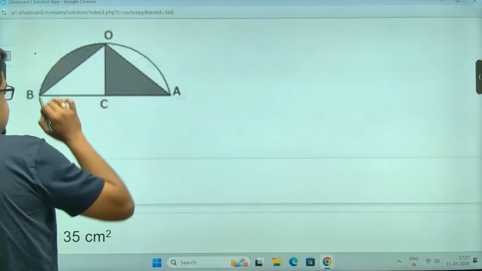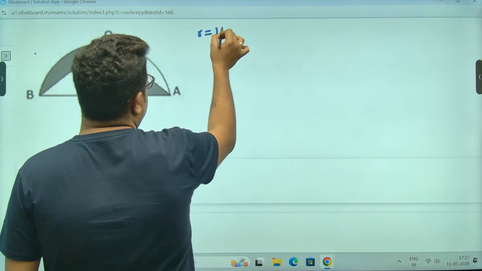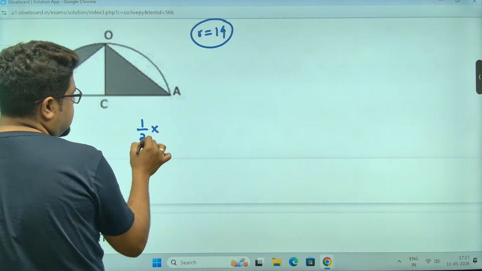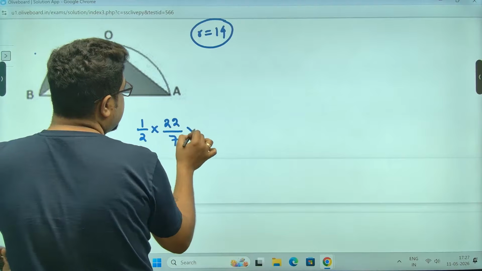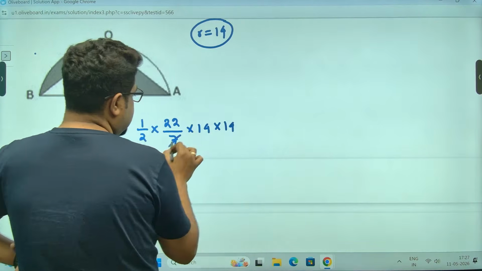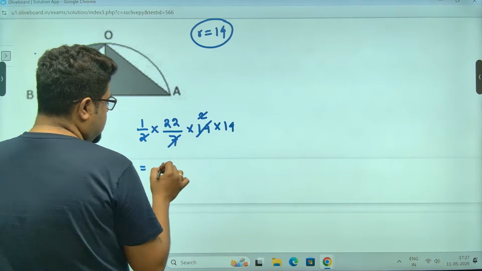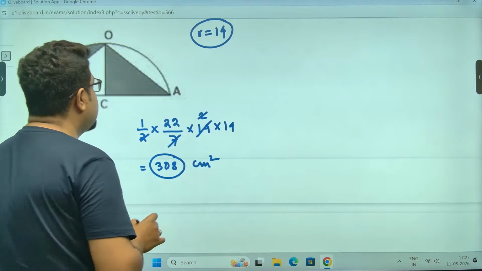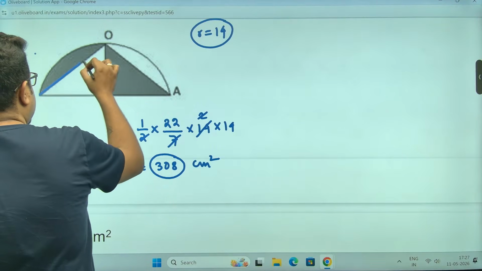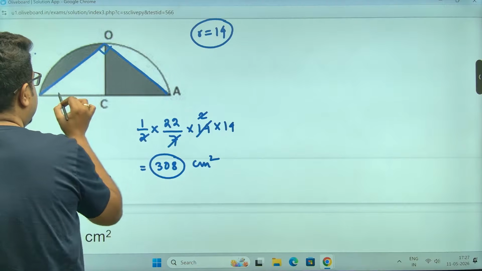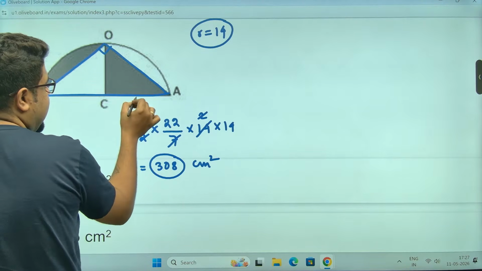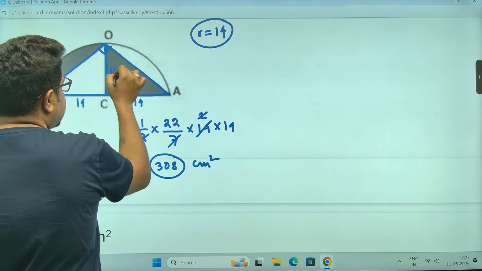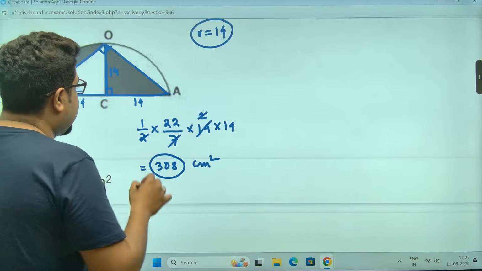Area of this semicircle, radius was 14. So the area of the semicircle will be half of pi r square, 22 by 7 into 14 into 14, which is 308 centimeter square. And the area of this triangle: this is your base, 14 plus 14, the diameter, so base is 28, and this will be 14 because this is also a radius.